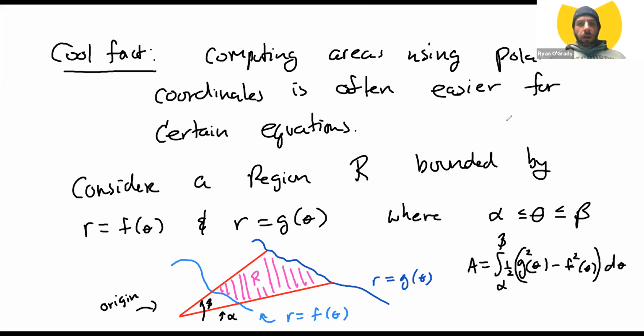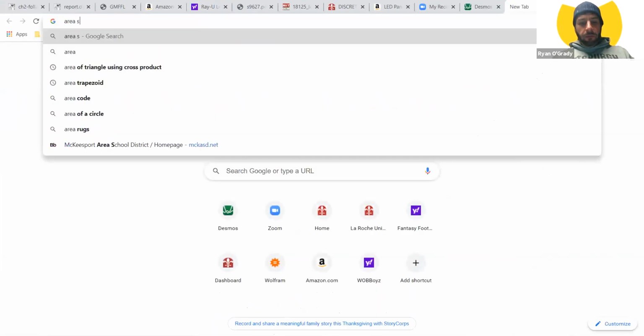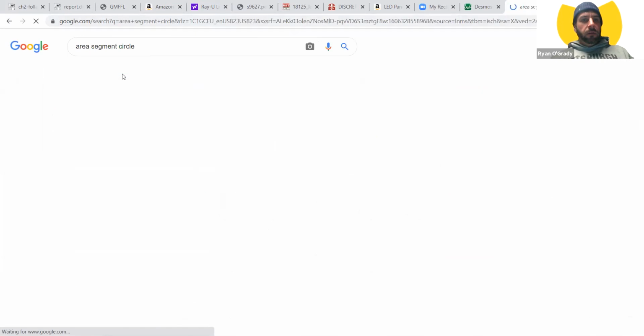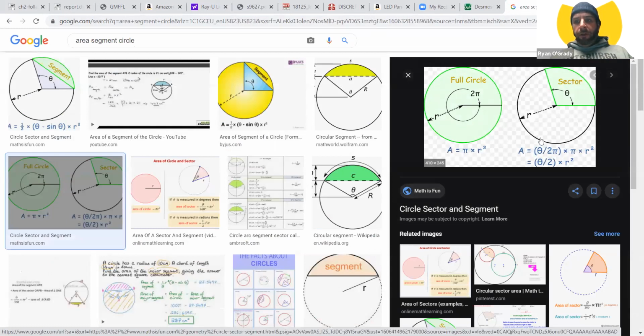So where does this 1/2 come from? Let me remind you of something you probably learned years ago and since have forgotten. The area of a segment of a circle, if you look at this picture here, you'll notice the area of this sector is half the angle times the radius squared.